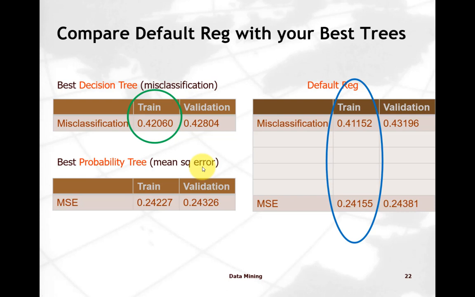It fits better on the training set on which the model is training. So across the board, for the same model and same metric, training is better than validation in terms of error.